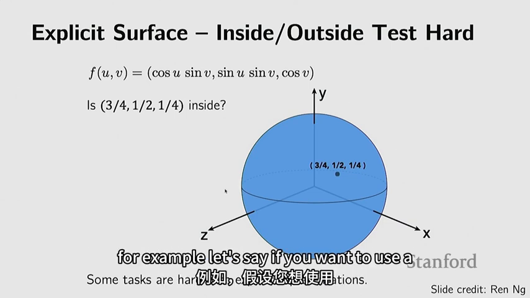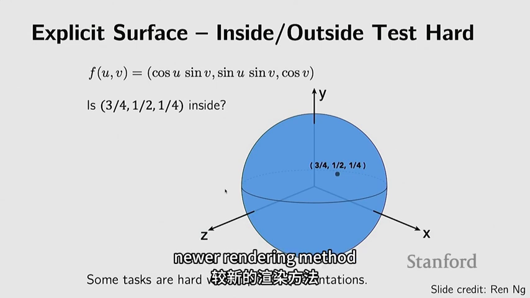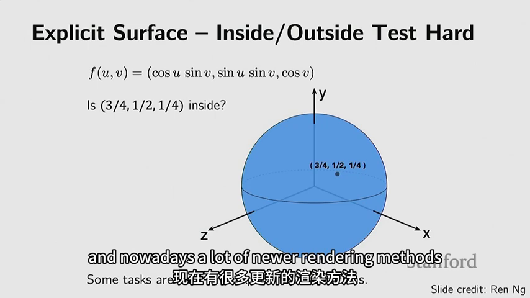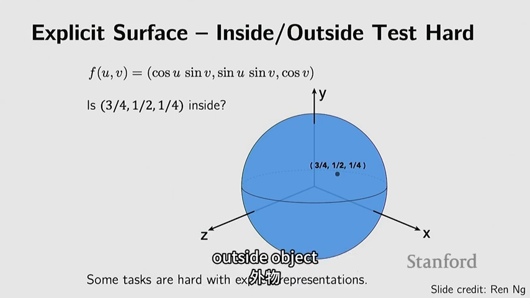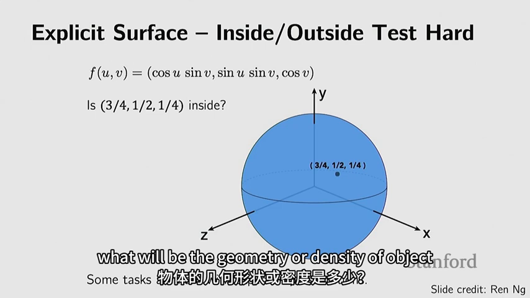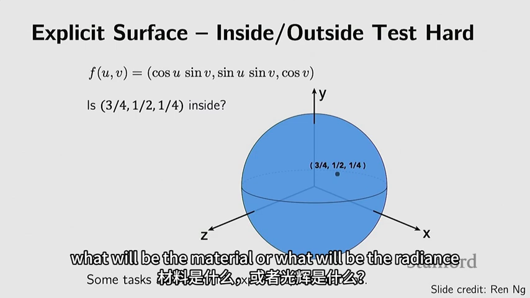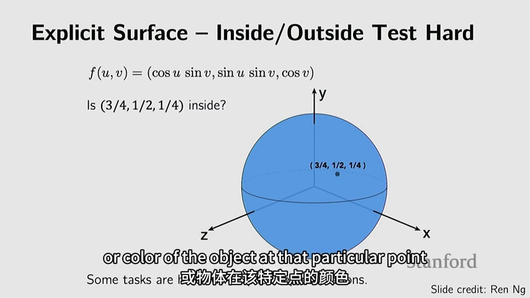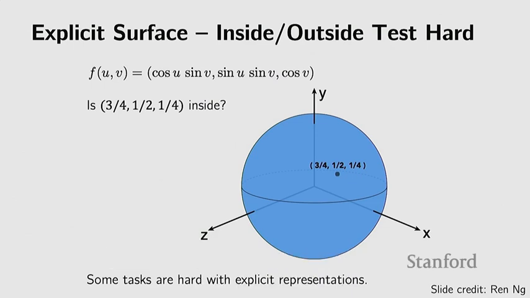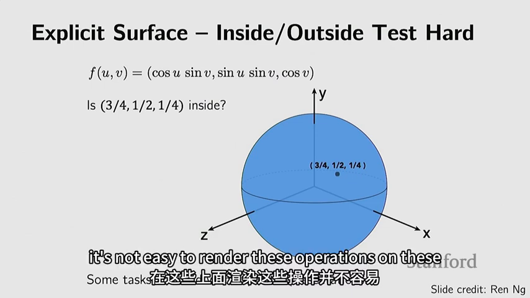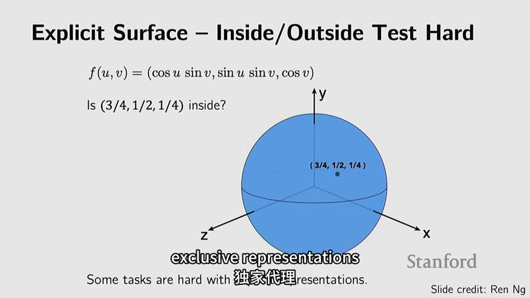For example, a lot of neural rendering methods nowadays require many queries about whether a point is inside or outside the object, what the geometry or density of the object is at that particular point, what the material is, or what the radiance or color of the object is at that point, right? So explicit representations are not very supportive of these operations; it's not easy to run them on explicit representations.